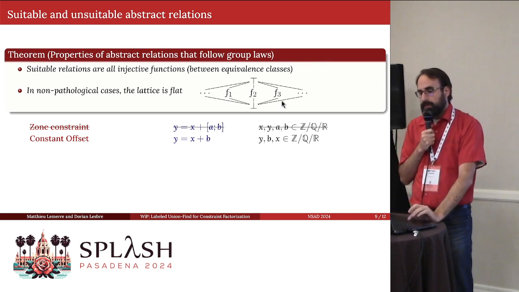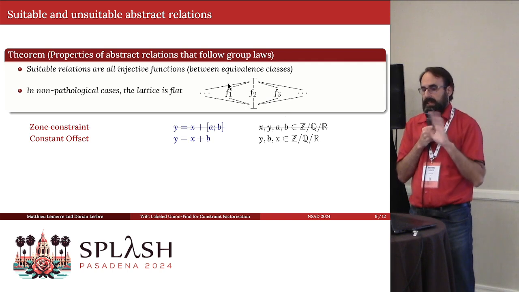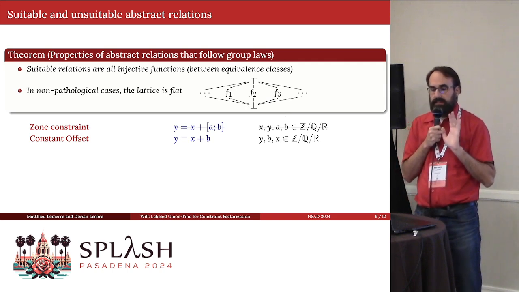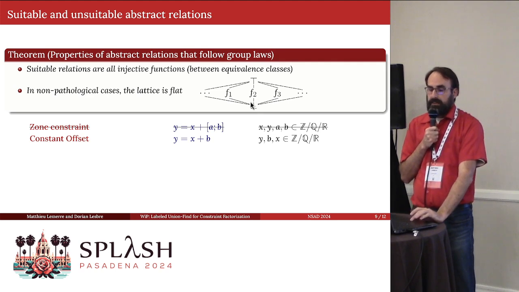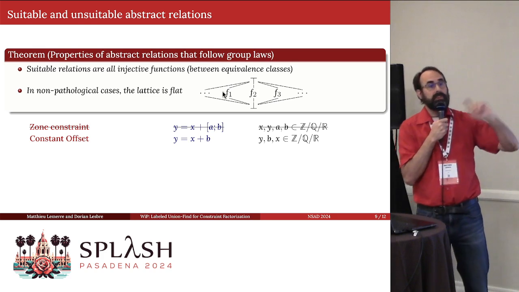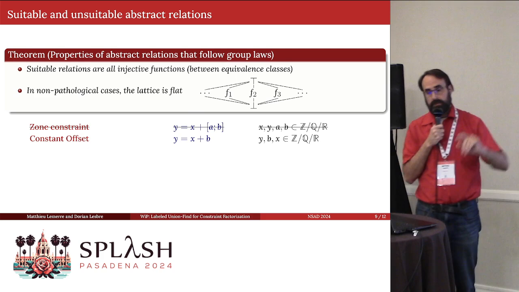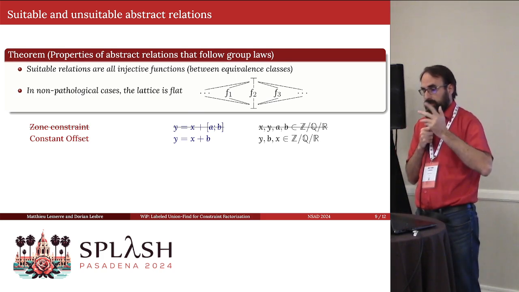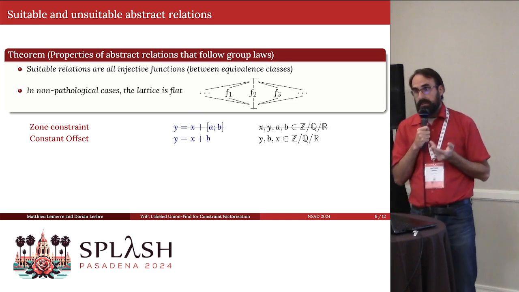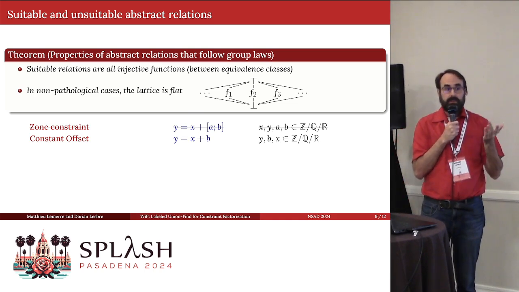And another interesting property is that if you don't do anything stupid, your lattice will be flat. So basically, either you will have no relation, you will have bottom, so incompatible relations, or you don't know the relation between two variables, or the relation will be precisely one invertible function. So once you know that, it's also the contrary. Whenever you have an invertible function, you can encode it in our domain.